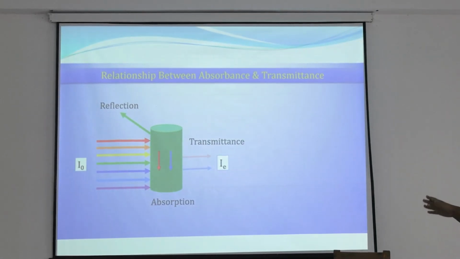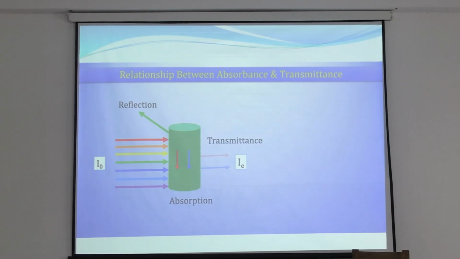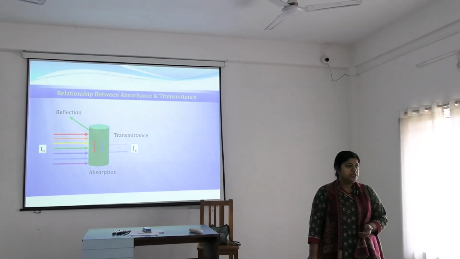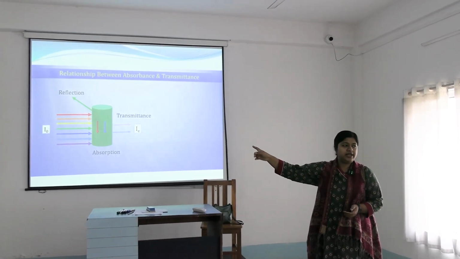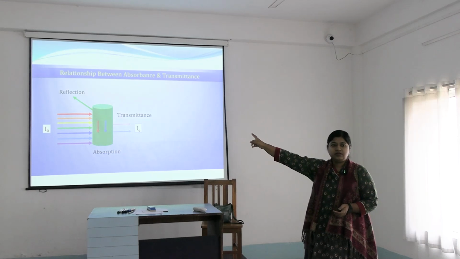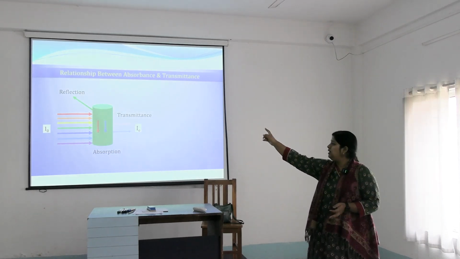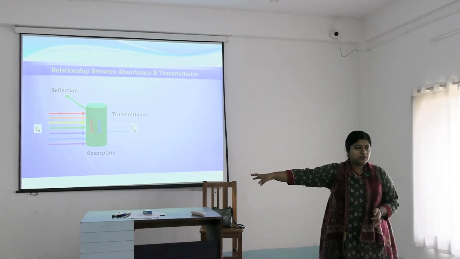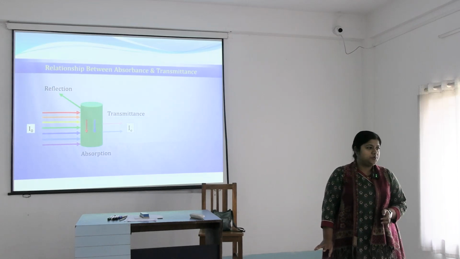Suppose this test tube contains a green solution, and we are passing the visible light spectrum. What will happen? The green solution will reflect green. Now all others should be absorbed, but some is getting emitted also.